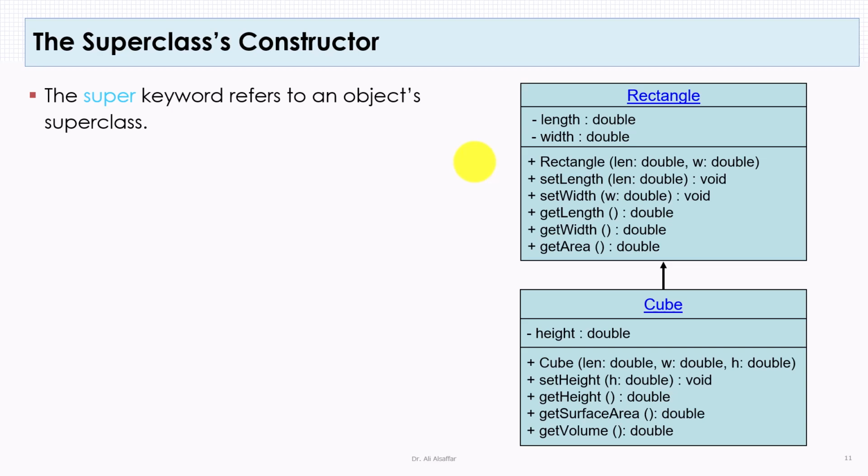As we stated before, if you try to create an object from the cube class, you will have a syntax error because the system will try to execute a default constructor in the superclass rectangle and will not find one. So we need to call the superclass constructor explicitly using the super keyword. So how is this done?